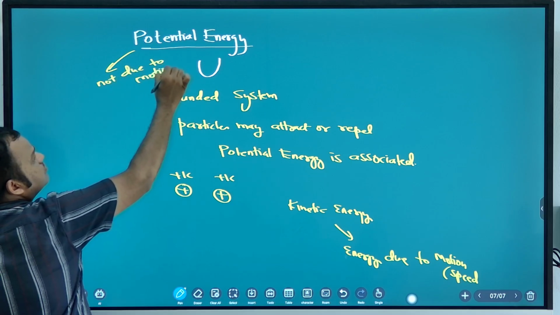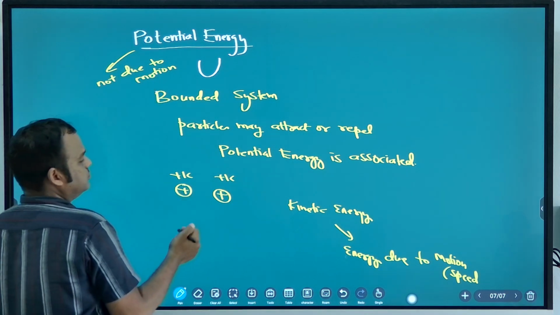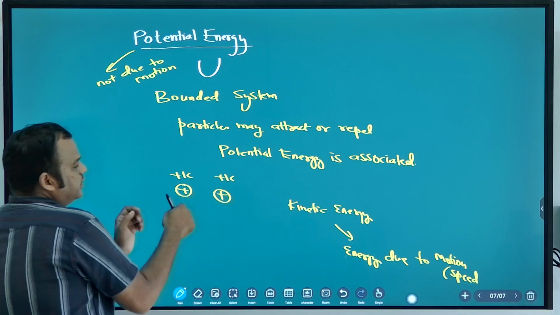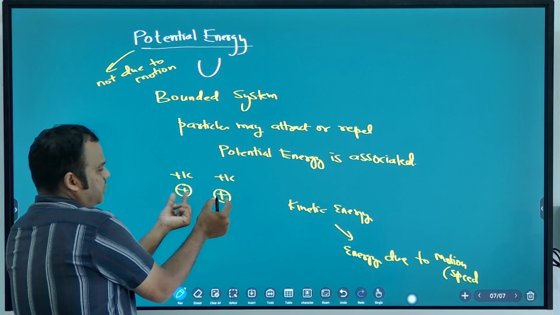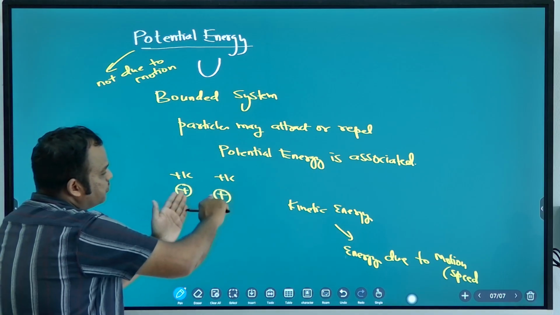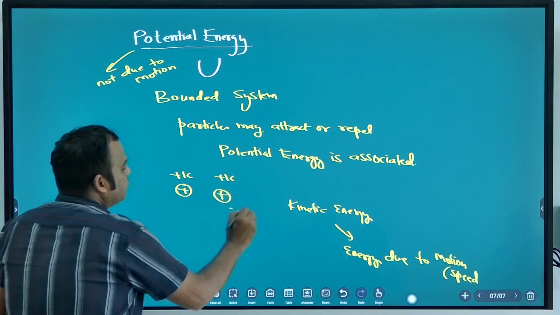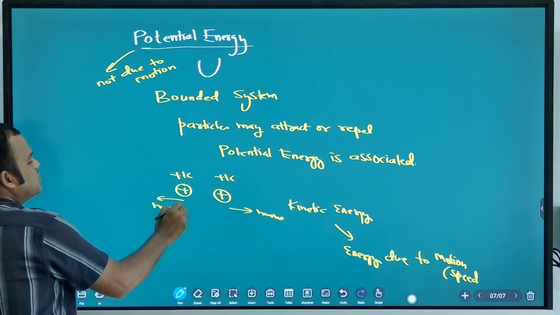Then what is potential energy? It is not related to motion. So see, plus 1 coulomb, plus 1 coulomb. Right now I am holding them, so the speed is 0. But if you release them, they are pushing each other. One coulomb will move to the right side, the other will move to the left side.